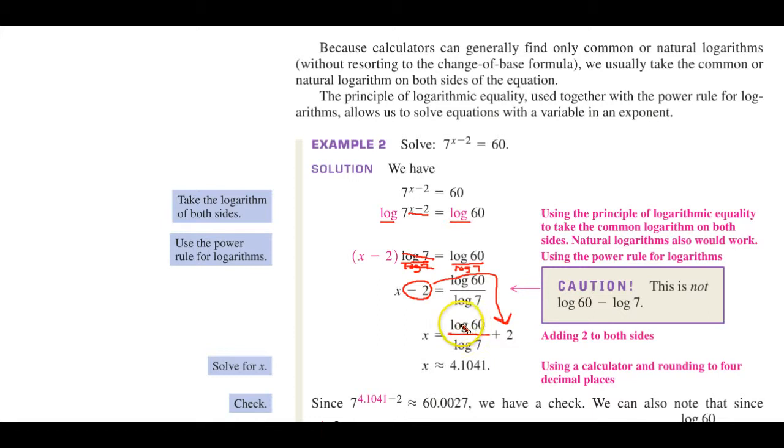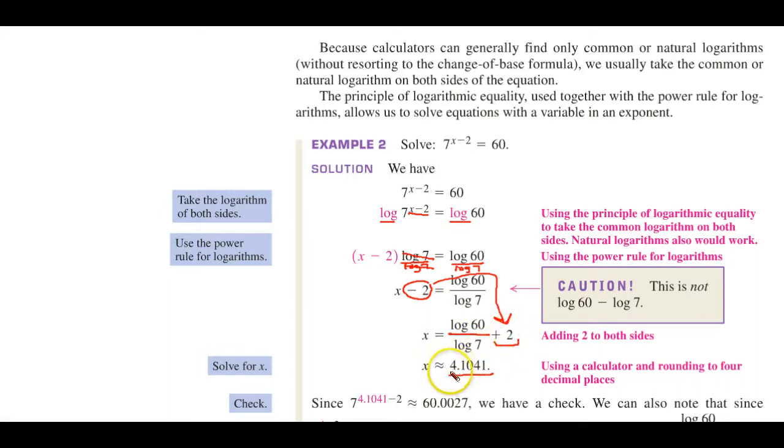So you're going to use the log key, 60, divided by, log 7, enter, get an answer, then add 2 to it, and you get this. Now, what you should be doing if you are at home watching this, as you look this over, is pause the video right now as well to try this on a calculator. And I just did, and we do have an answer.